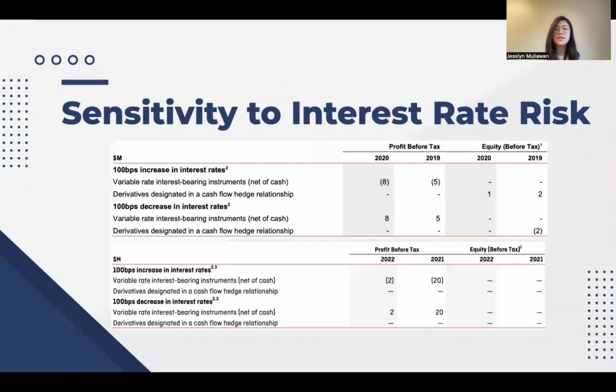Last but not least, Qantas's financial statement also provides a sensitivity analysis on interest rates, measuring the changes in profit before tax and equity before tax in response to a 100 basis points or 0.01% change in interest rate. Given the extreme changes in interest rate during the pandemic, we can see that Qantas is able to minimize its loss in most of the years. Without the derivatives implemented, Qantas will face a bigger loss.